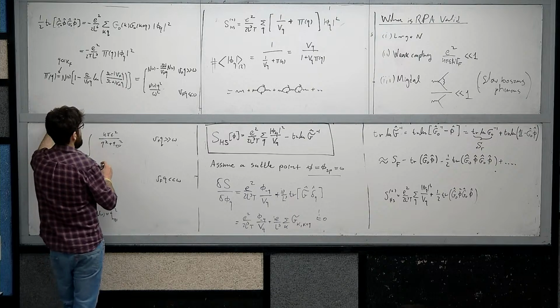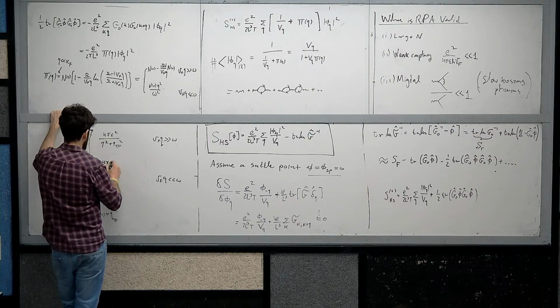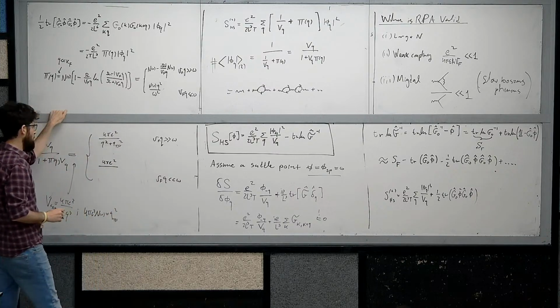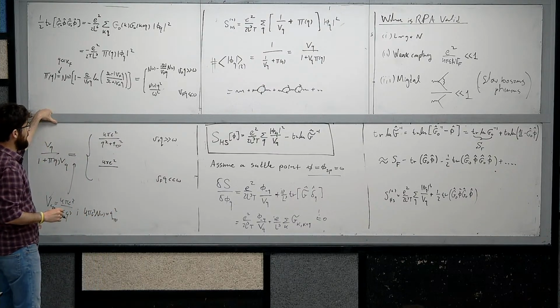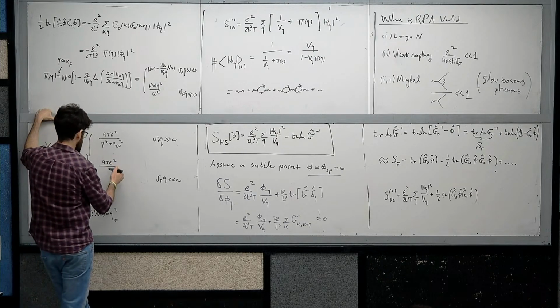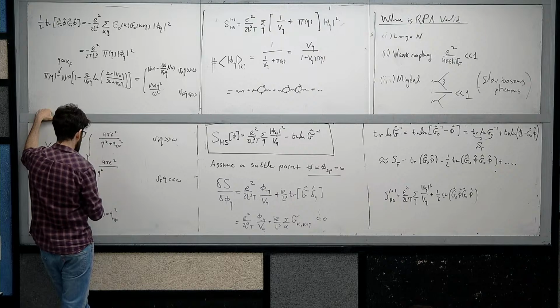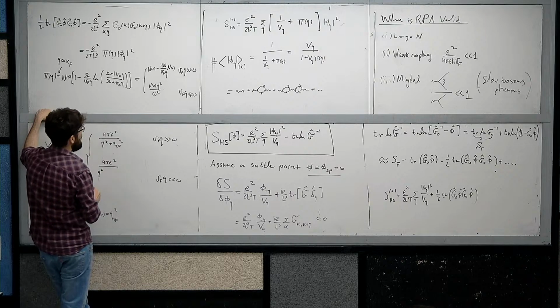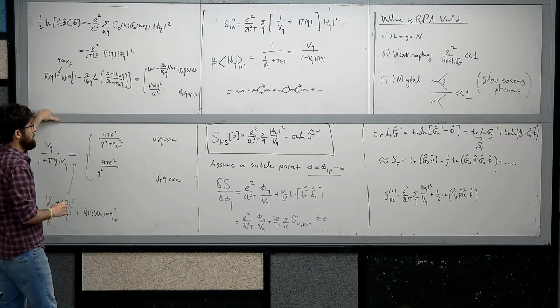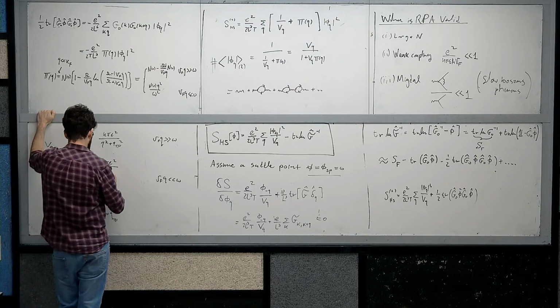In this case, we have 4πe² over q², and then plus 4πe² times the density of states.